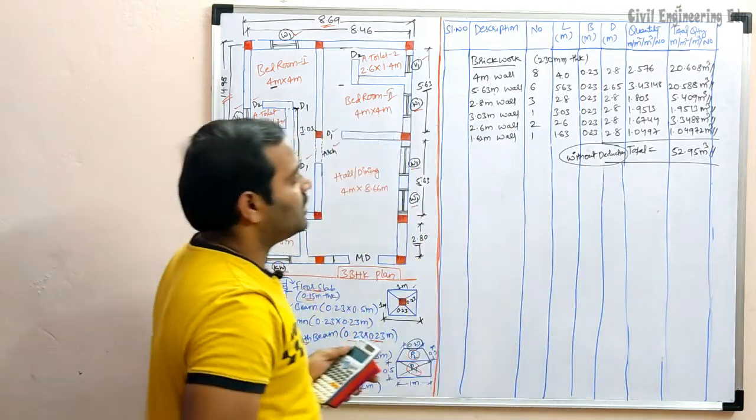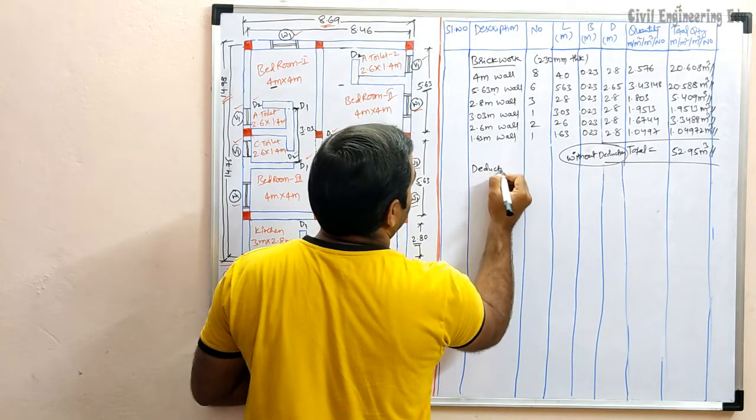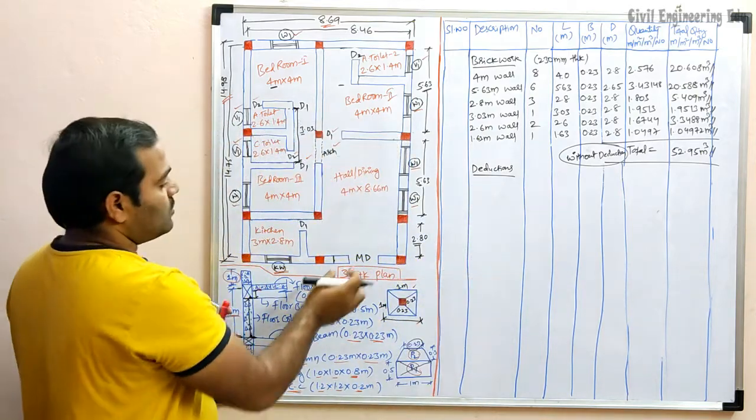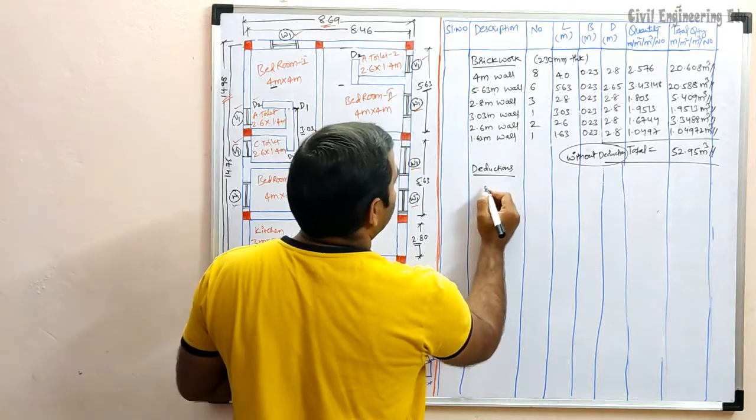Now we will see the deductions. So in case of deductions, we have to take these openings as well as the lintels. So first of all, we will take the openings.